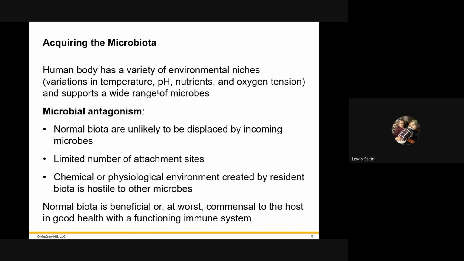Though the vast majority of people reside in what we would call a temperate climate, they're all over the place. Okay, the normal microbes, they're great because new ones can't really hurt them. They cover attachment sites.